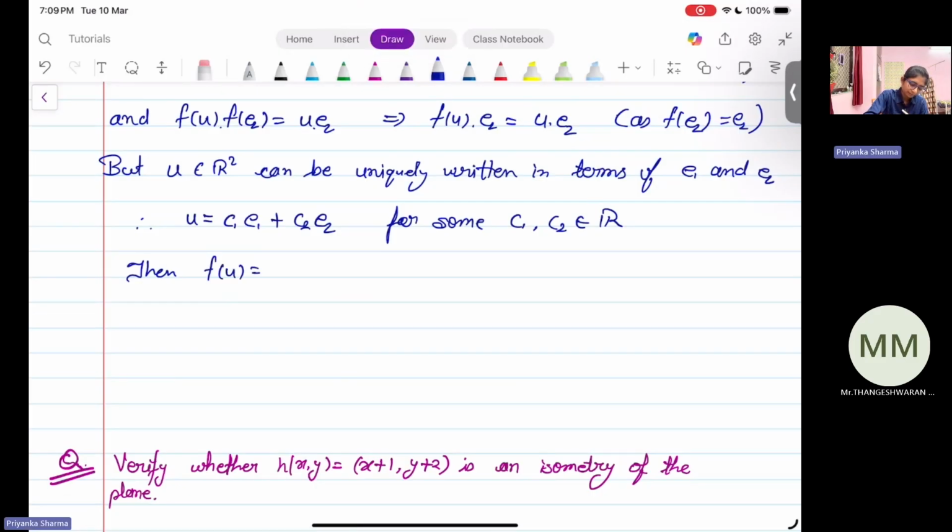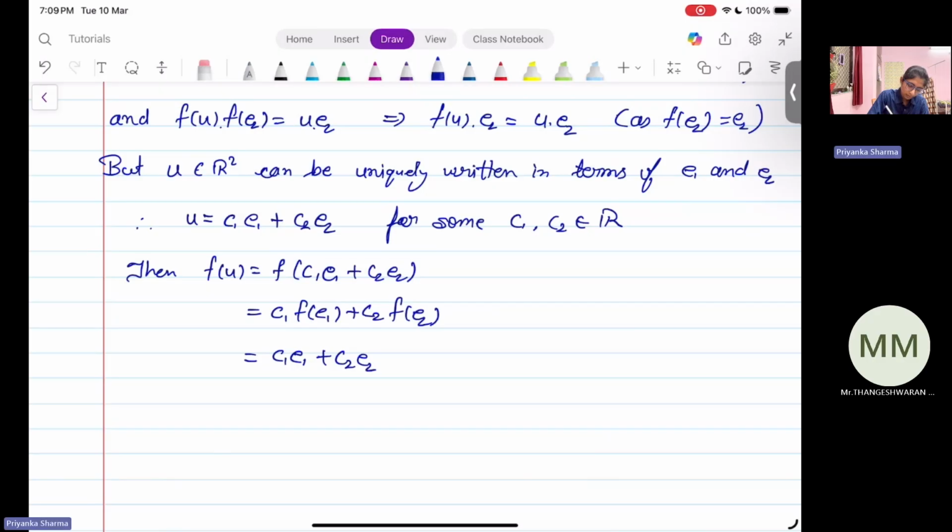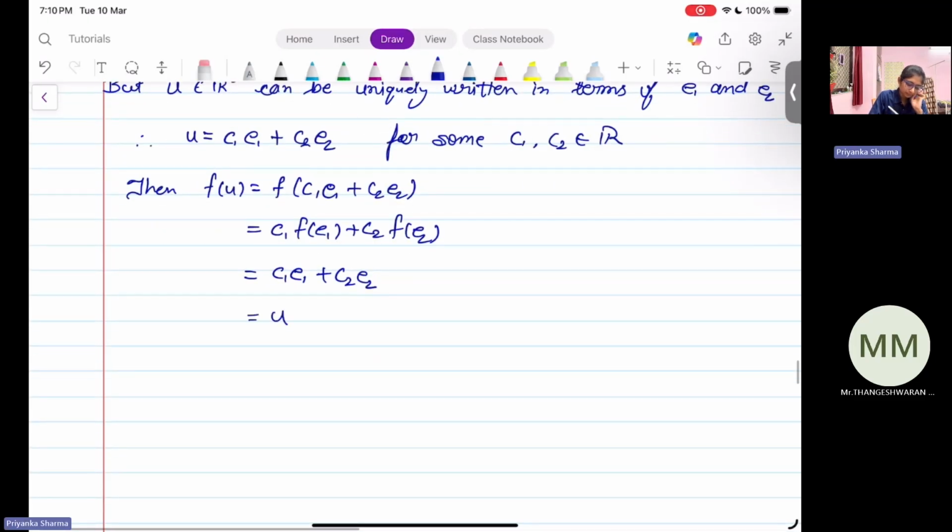Fu will be F of c1 e1 plus c2 e2. That is c1 F e1 plus c2 F e2, which is the same as c1 e1 plus c2 e2. But this is actually the value of u. So Fu is u for all u belonging to R square.